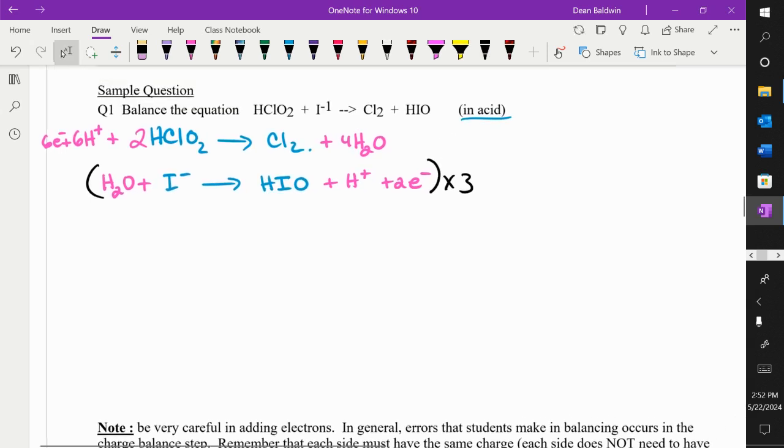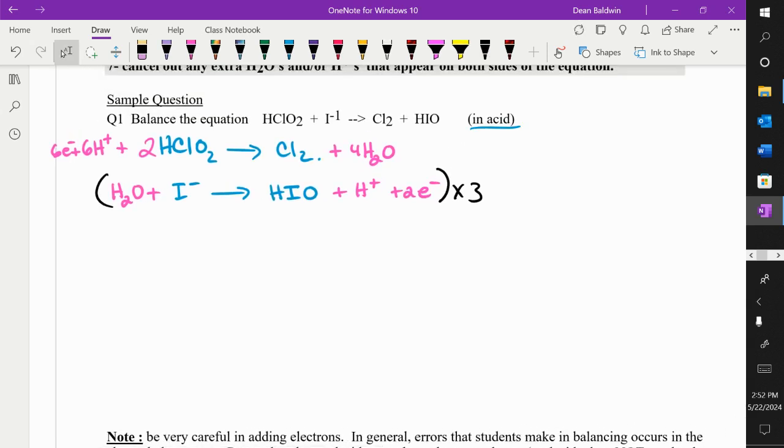I'm going to write this in the middle here. So I've got 6 electrons.